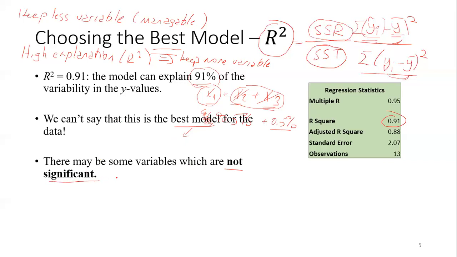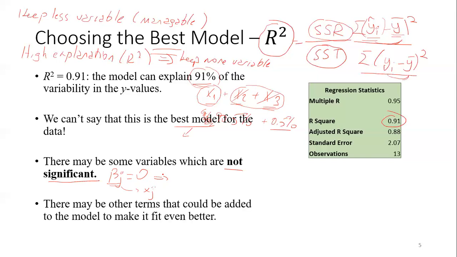So what does this mean? If a variable is not significant, then its beta is not significant. What does it mean if its beta is equal to zero? It means that using the corresponding xj is not a good idea for predicting new future values.